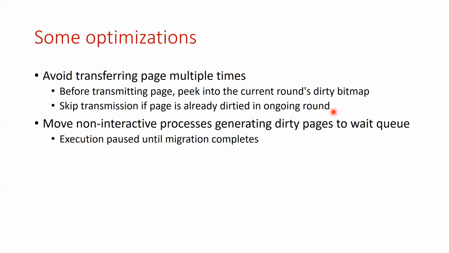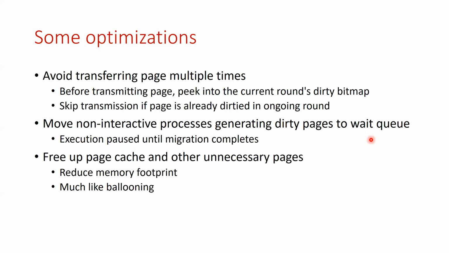And you can also do a few other optimizations. For example, you can only keep your main application running, and all other non-interactive processes which are dirtying pages can be moved into the wait queue, right? You needn't kill them, but you can just deschedule them, keep them in the wait queue so that they don't generate dirty pages anymore. That is, you can pause the execution of non-essential processes until migration completes to keep the memory load low.